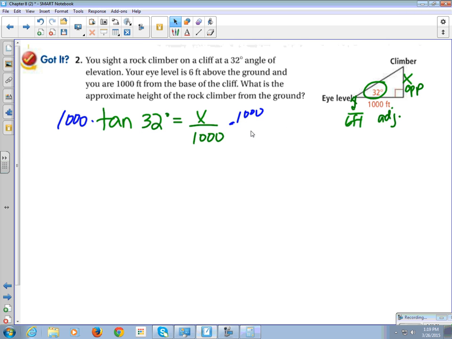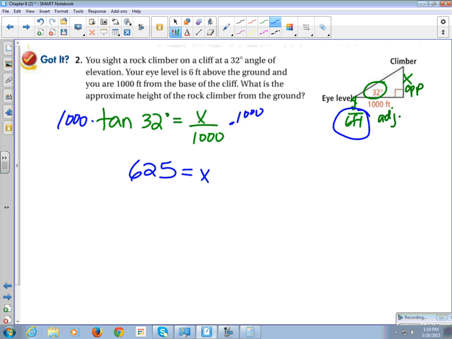So I know my x value is equal to 625, but I am actually 6 feet above on top of that because it says your eye level is 6 feet above the ground. So if from your eye level to the climber is 625, I need to add 6 feet. And your total is 631 feet.